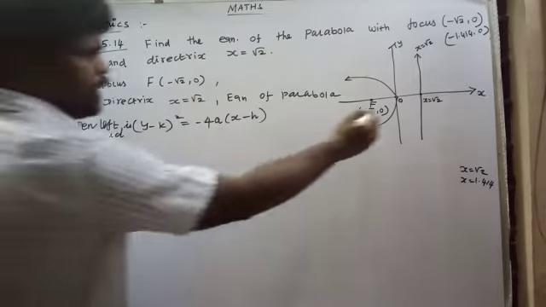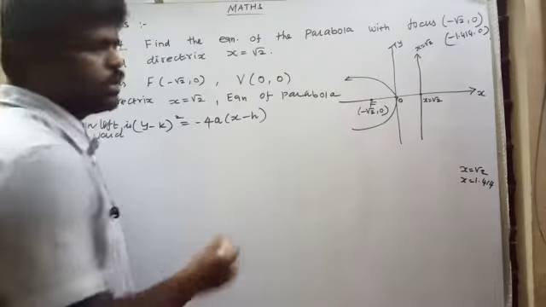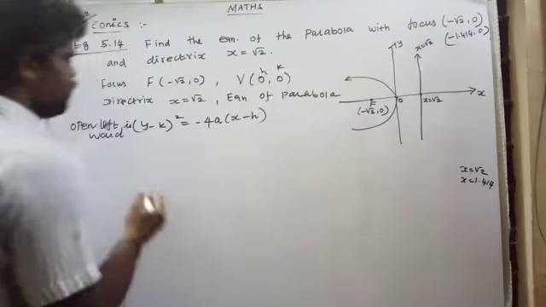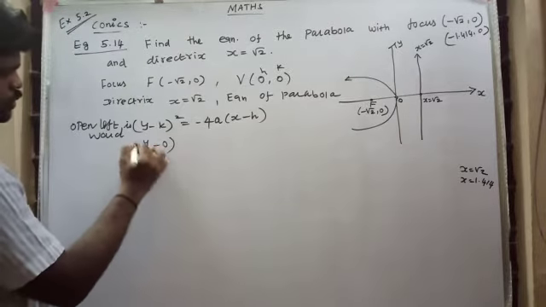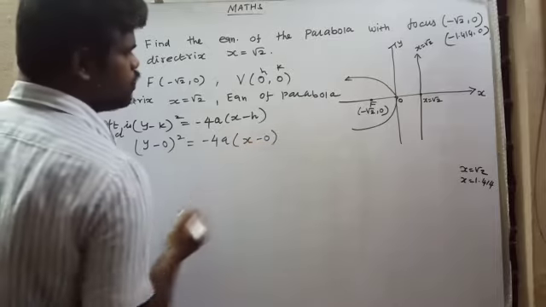Here the vertex is (0, 0), because the vertex is (h, k). So (y − 0)² = −4a(x − 0).